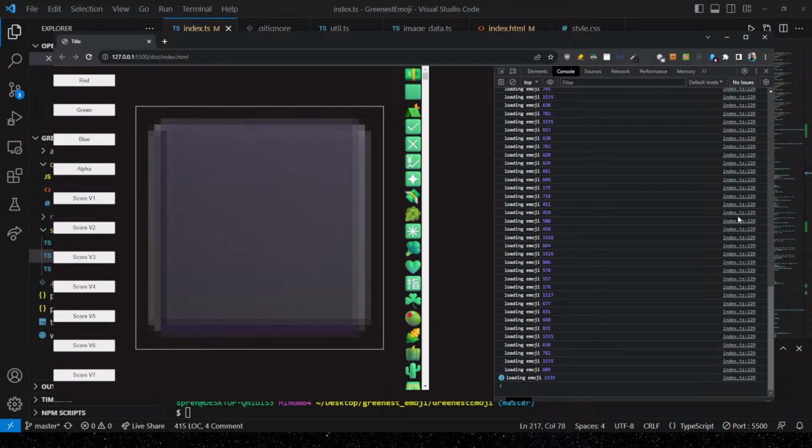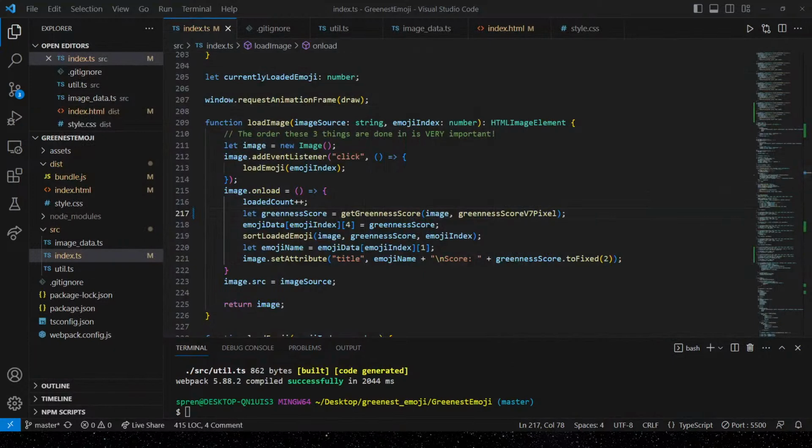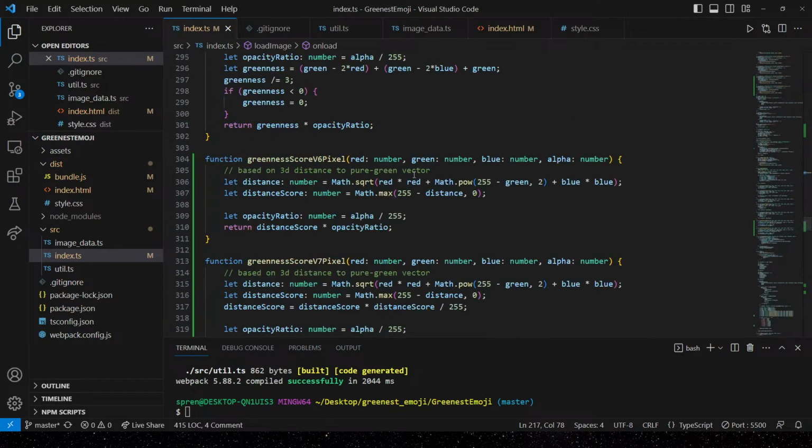Yeah, so how I actually implemented V6 and V7 was, the first one is just a simple 3D distance between this color and the 100% green vector.